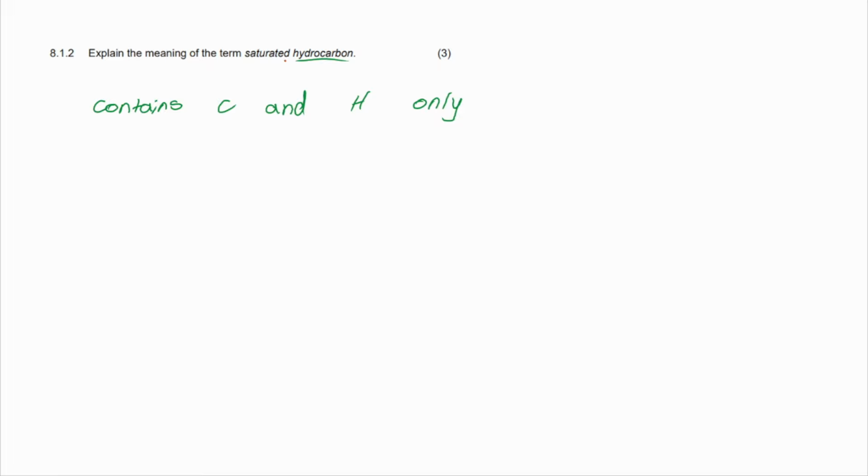And then for saturated, we need to say that all carbon to carbon bonds are single bonds. There are other ways you could have worded this, but hydrocarbon, it's in the name, only contains carbon and hydrogen. And saturated means that we only have single bonds, there's no double bonds.